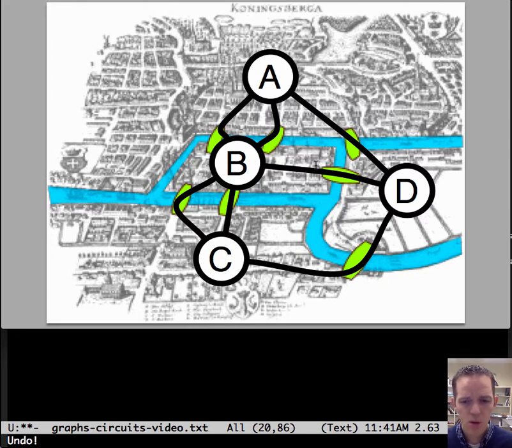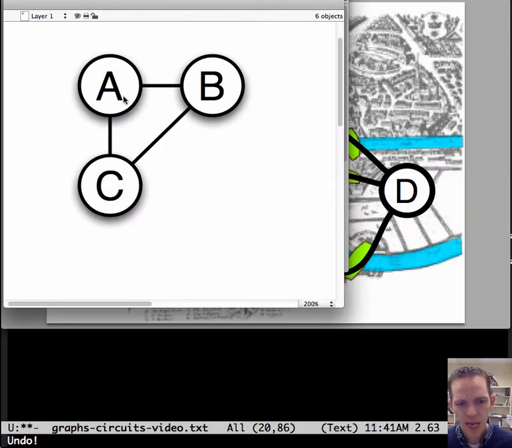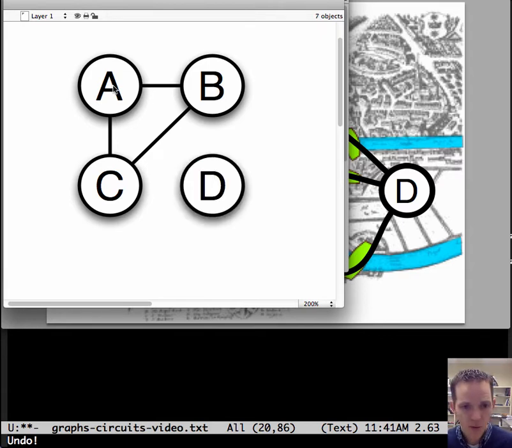So let's explore what Euler came up with a little bit more. So if we had 3 vertices here, they're connected, okay? There is a path. You could start at A, go to B, go to C, and then come back to A. There's an Euler path. Now, if we add in another vertex here, how are we going to add it in such that, and we can't change this graph, where are we going to place an edge that would allow us to be able to do it?